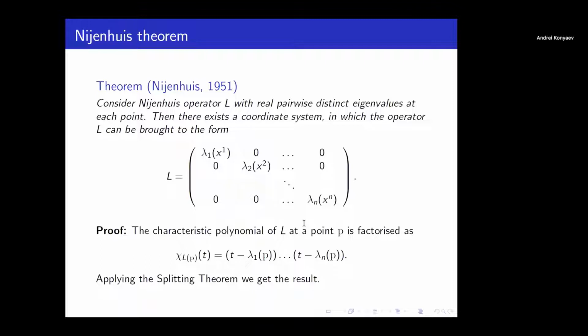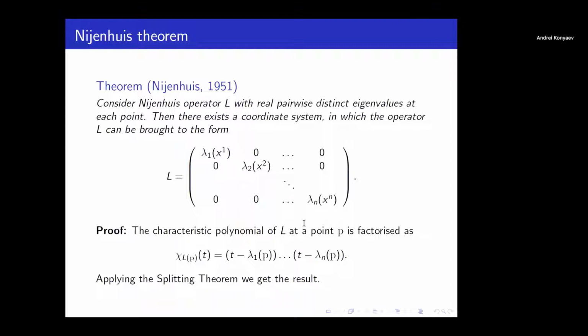The form is diagonal. You have functions on the diagonal, but the important part is that each function depends on its own coordinate. See, lambda 1 depends on x1, lambda 2 on x2, etc.